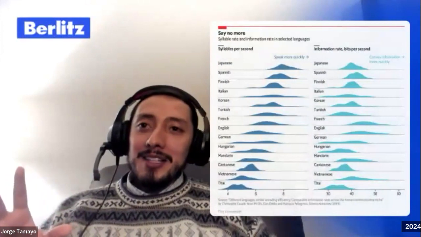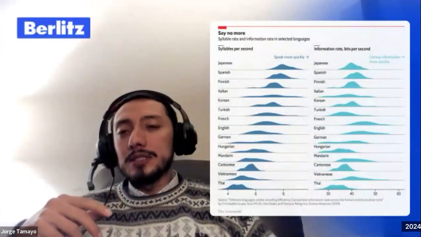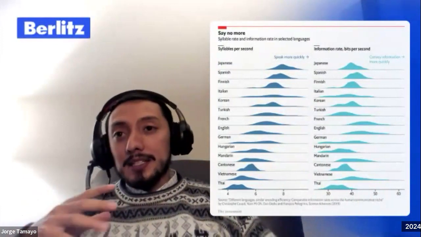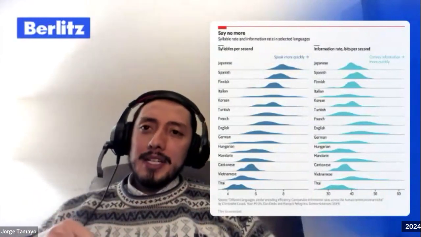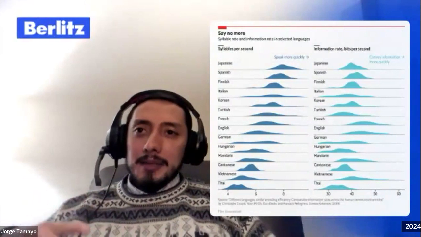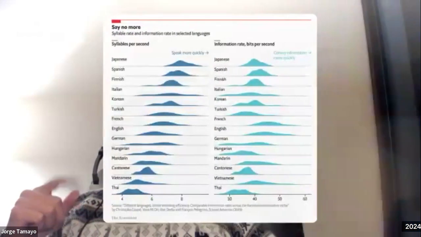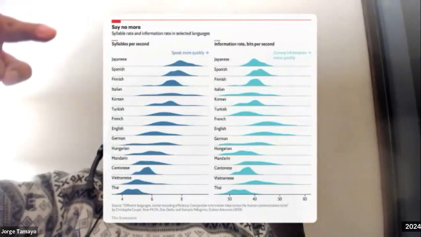The first trap that we need to avoid has to do with speed. And here, I'd like to share this study that was conducted not that long ago in 2020 regarding language. So this might seem like a complicated study and a complicated table, but let me break it down for you guys. Take a look at Spanish, right, on the left column.